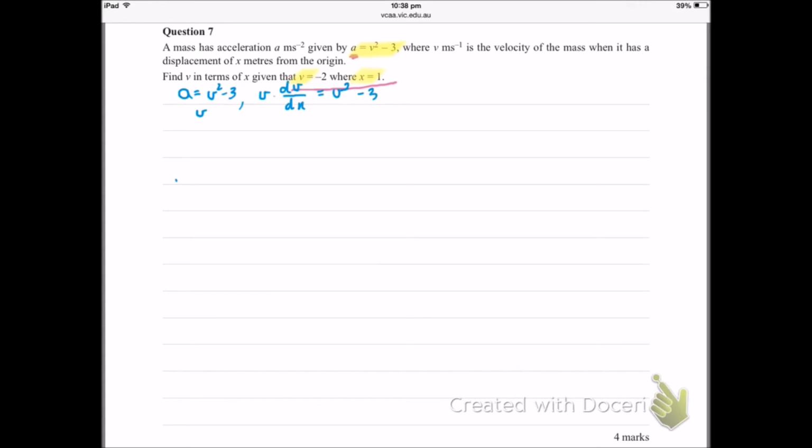Okay, now keep going. We rearrange our differential equation, bringing all the v's to the left hand side and the x's to the right hand side, and then we integrate on both sides. Now, before we continue on with the red, I've gone ahead and put a 2 in the numerator, and I've balanced that out with a half out the front.